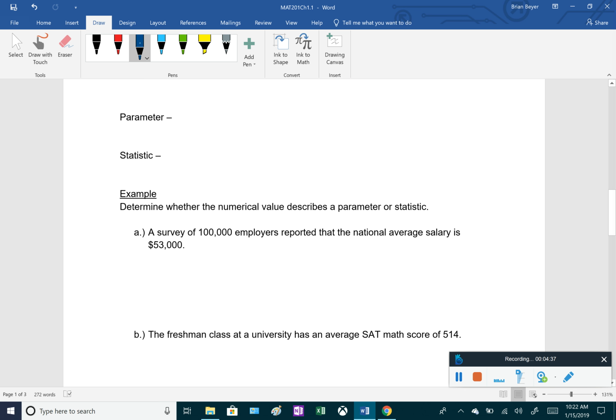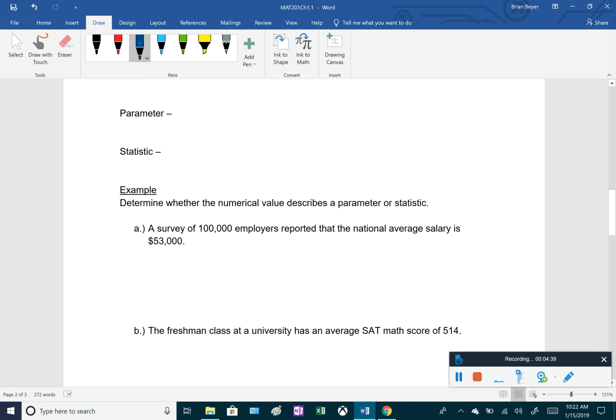Okay, so 2 more important terms that we'll be using. Parameter and statistic. So a parameter is going to be a numerical description. So that just means a number. So a numerical description of a population.